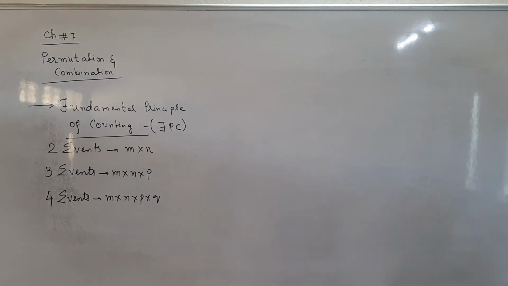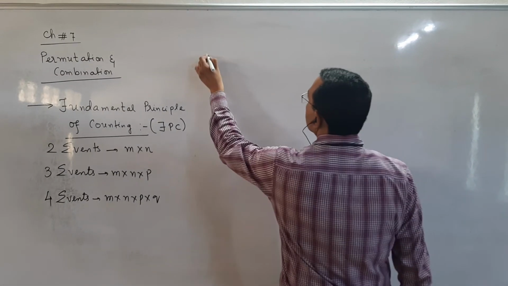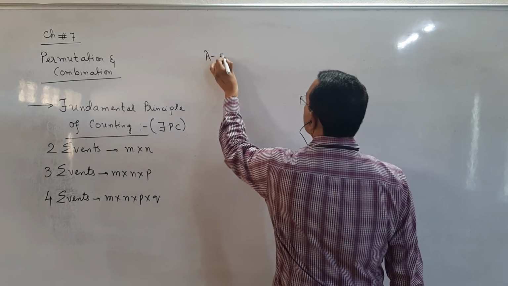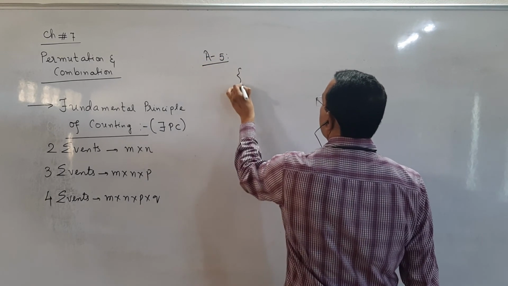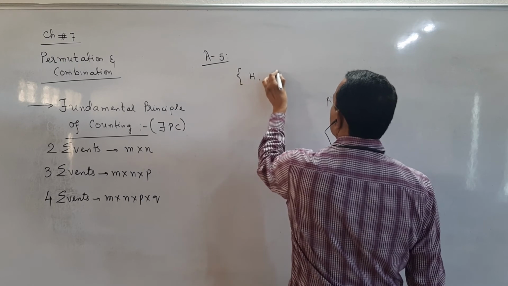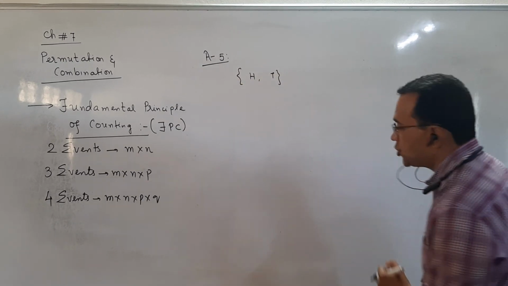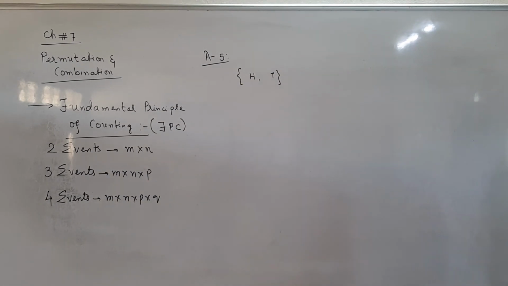Now, if a coin is tossed one time, the possible outcomes are the set {H, T}. H stands for head and T stands for tail.